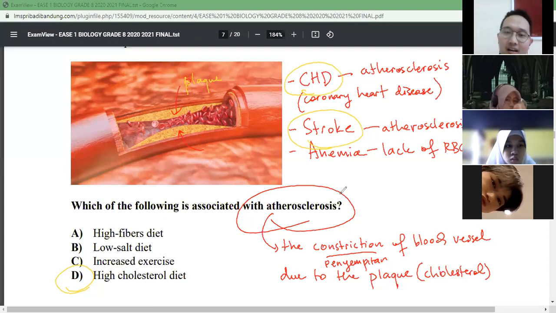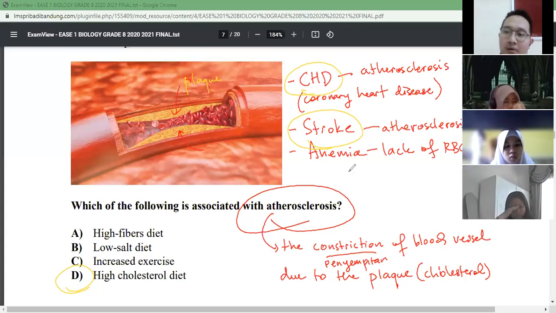The number of patients with CHD in Indonesia is quite high. In Indonesia, I don't know in Malaysia. Maybe Malaysian people eat more of a high fiber diet, or what do you think, Farah? We Malaysian people tend to like a high fiber diet, or the same as Indonesia?